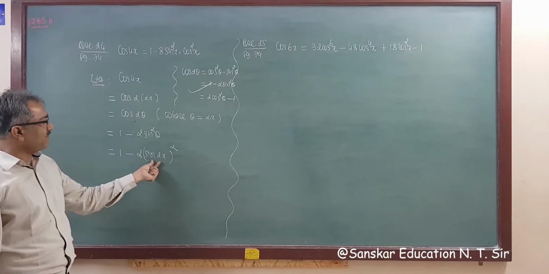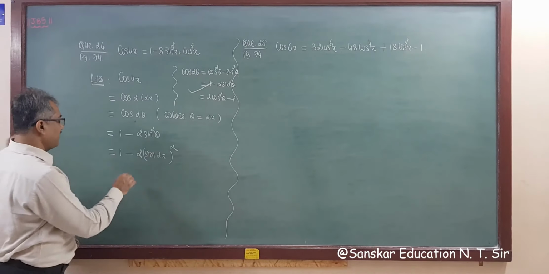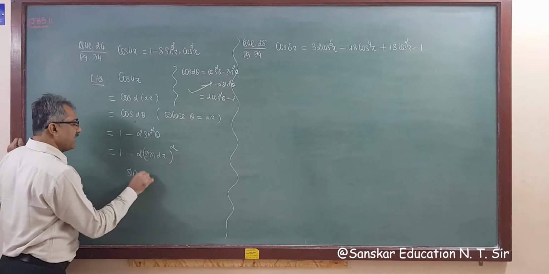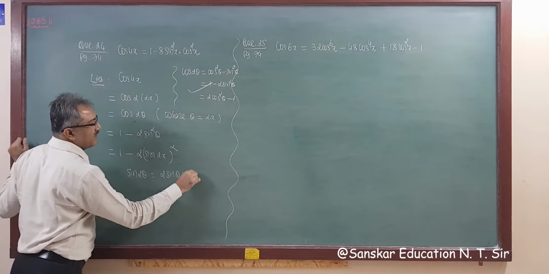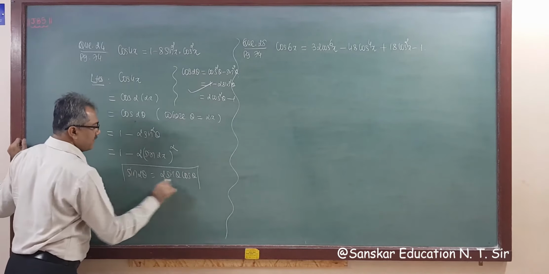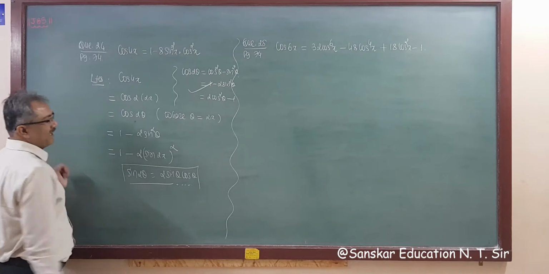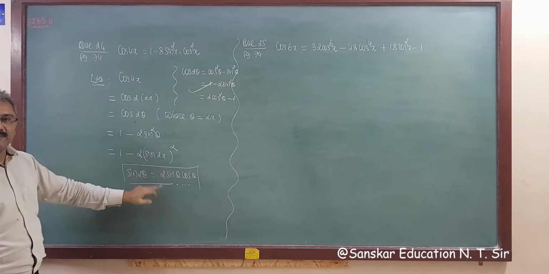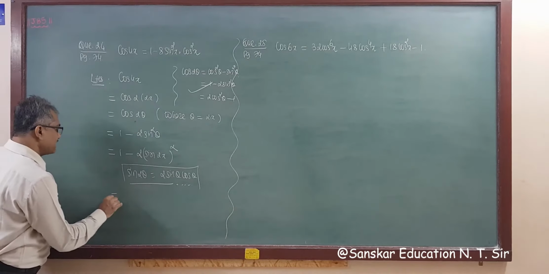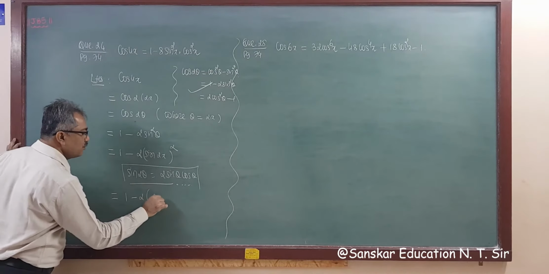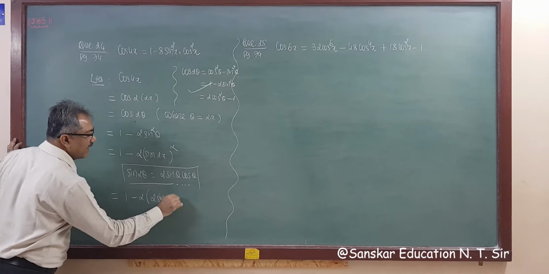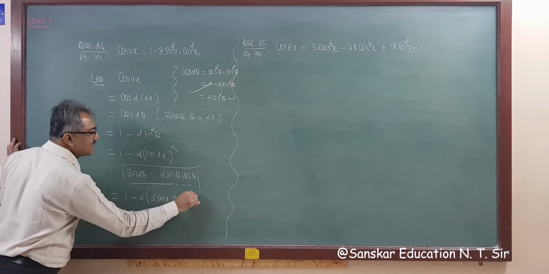Now the sin 2 theta formula: sin 2 theta is 2 sin theta cos theta. Applying this formula here, we get 1 minus 2 times sin 2x, which is 2 sin x into cos x, whole square.